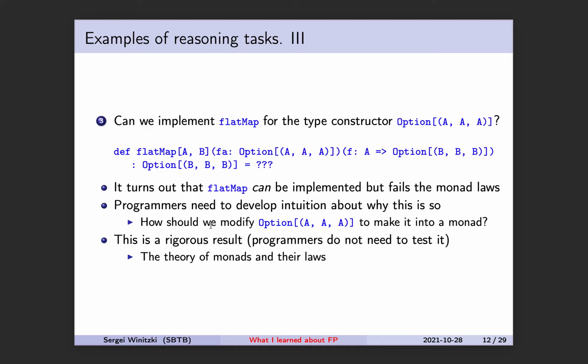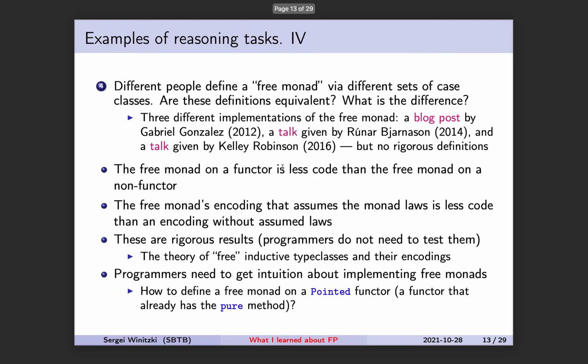So again, this is a rigorous result. This cannot be disputed. There's a derivation using the theory of the laws of monads, where you prove that this cannot satisfy laws.